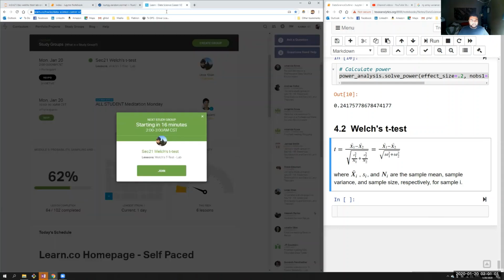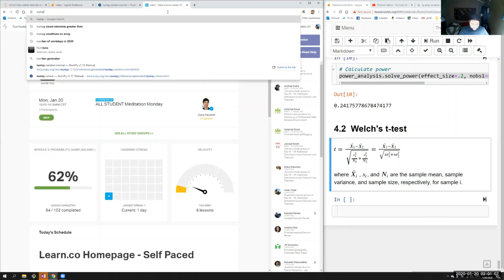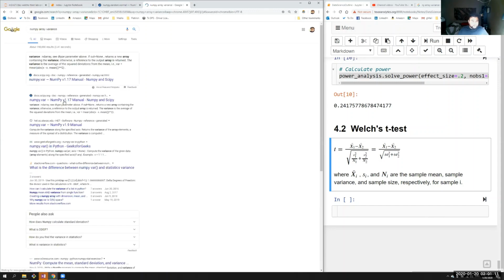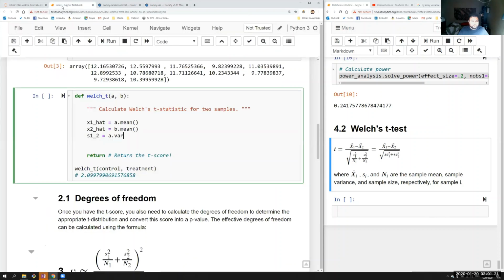Hang on, let's see. Okay, numpy array variance, numpy.var. Compute the variance along a specified axis, so you have to pass it in there. Okay. There's no method for it. You can't call it on the array itself.